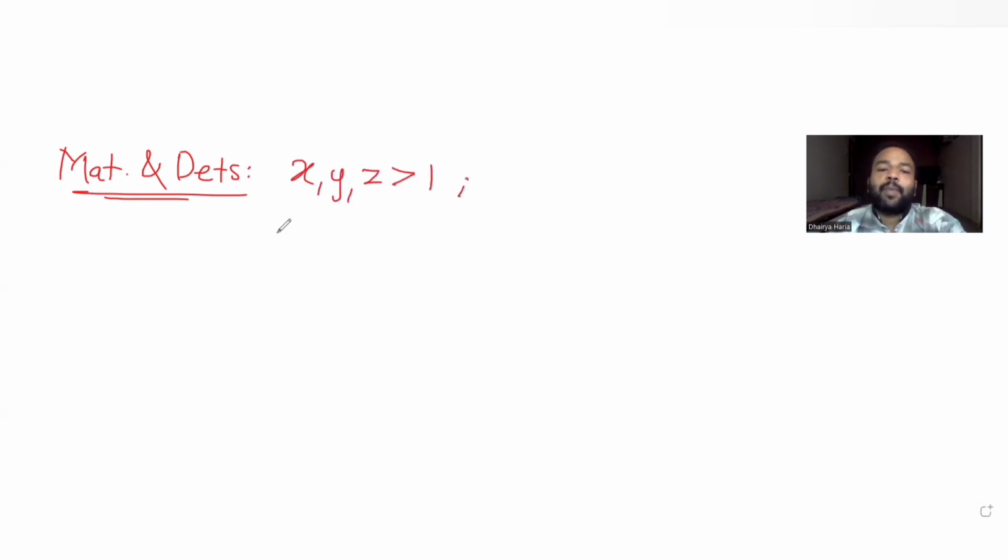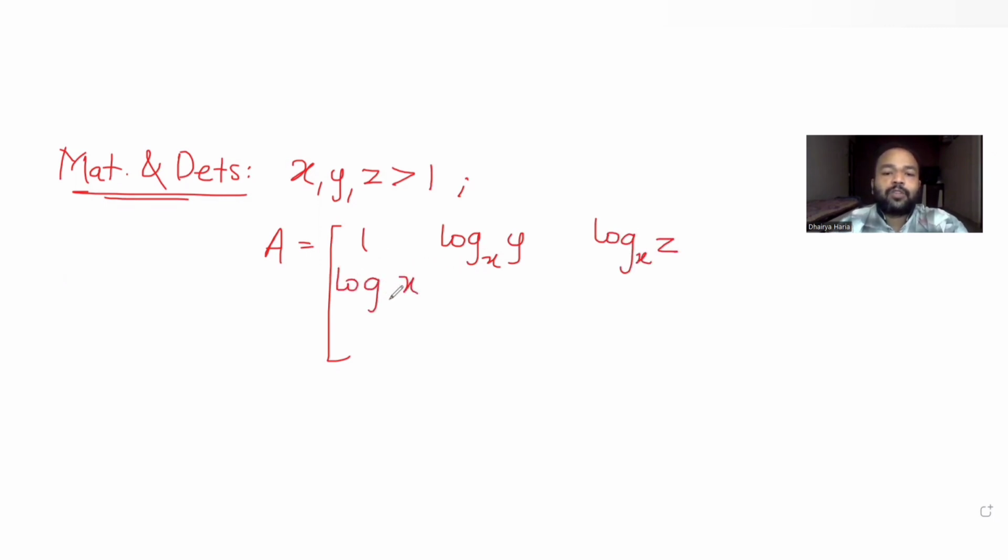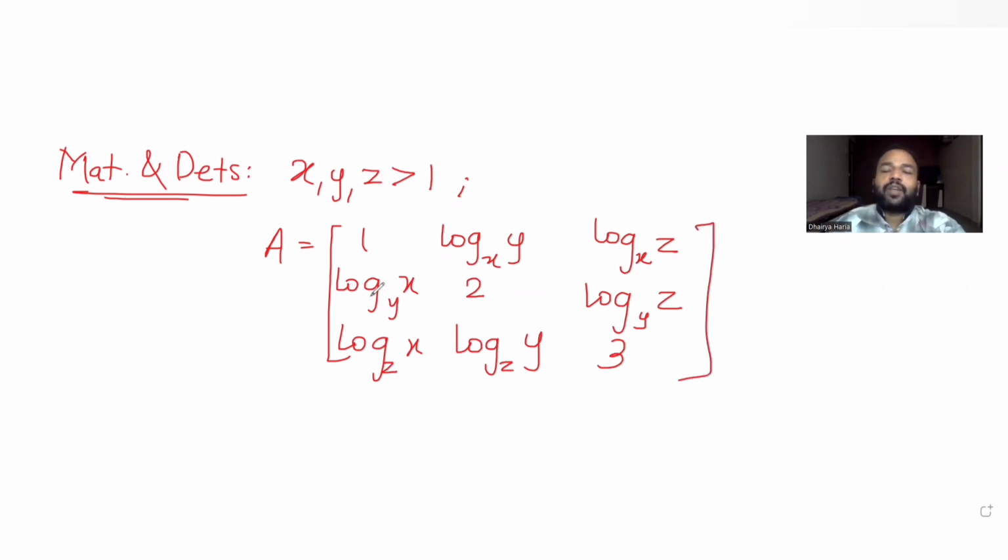And we have been given a matrix A: 1, log y to the base x, log z to the base x; log x to the base y, 2, log z to the base y; log x to the base z, log y to the base z, and 3. So this is the entire thing given to us.